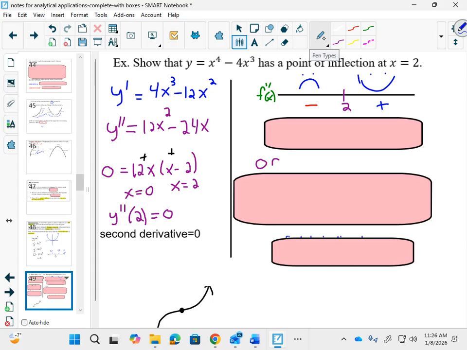Really happy. Technically, I should have 0 on here as well. And what happens if you plug in something less than 0? Negative, negative. It's positive again here.